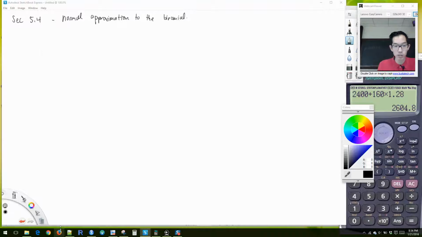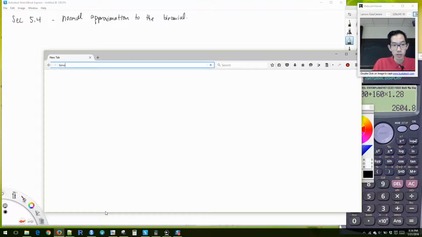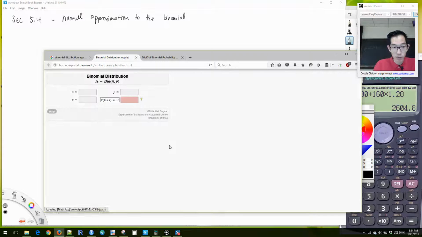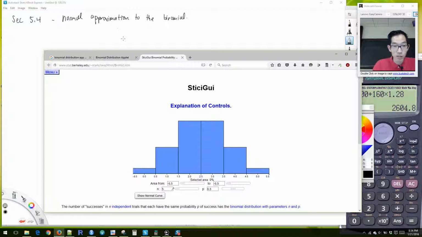Okay, so let me see if I can find a binomial distribution. Let's see if this is the one I have in mind. Okay, so we could say I'm going to flip a coin 4 times, and no, that's not it. Okay, yeah, this is what I want. So here this is with n equal to 5 and p equal to 0.5.